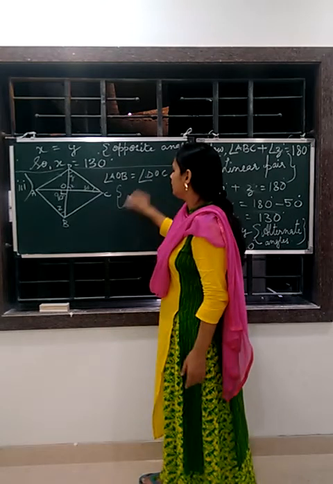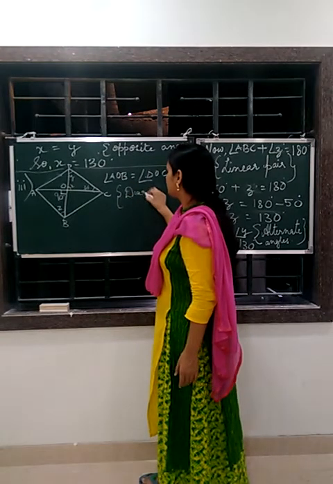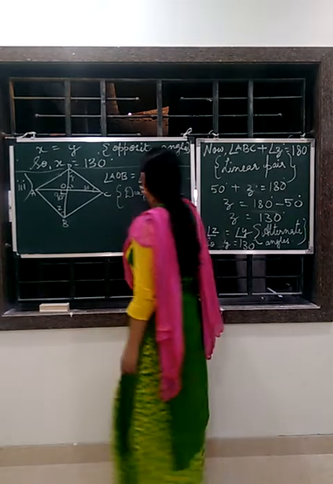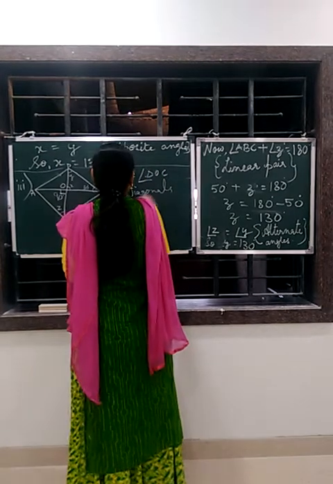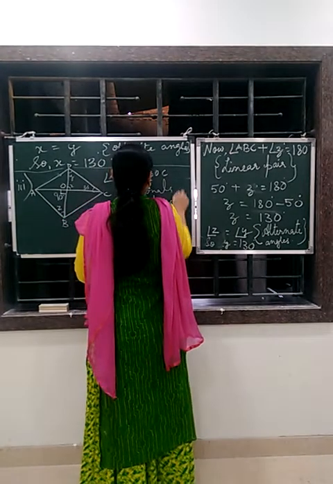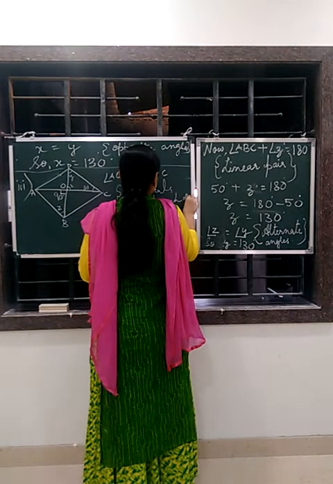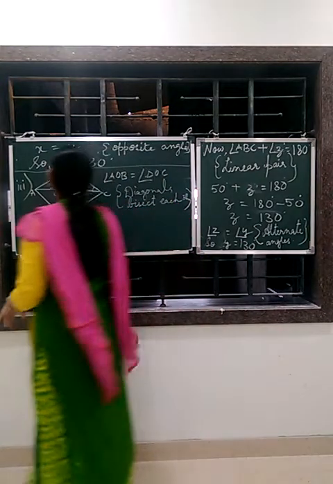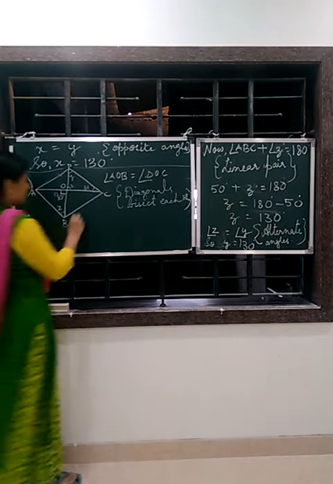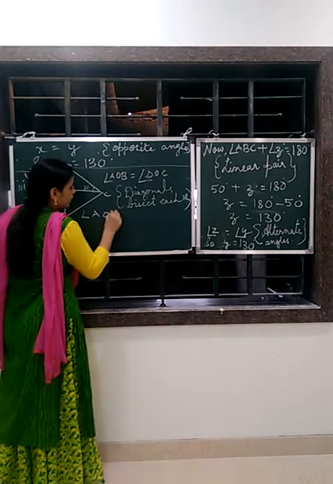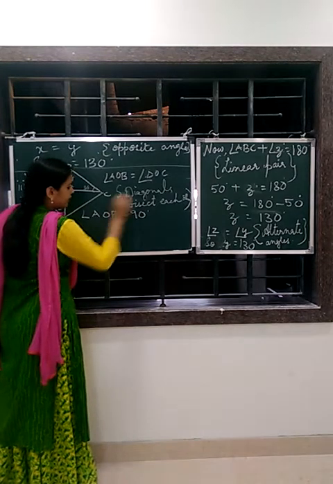You can write here, diagonals bisect each other. Just now we've done the property. Okay, so angle AOB is 90 degree.